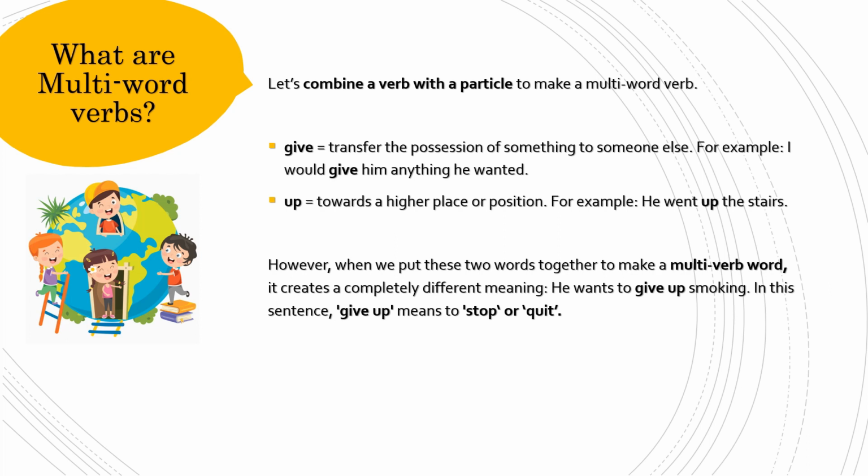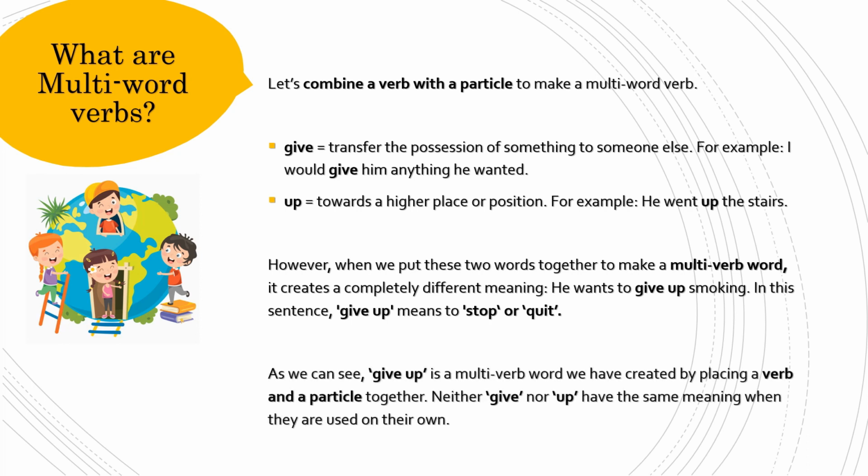For example, he wants to give up smoking. In this sentence, give up means to stop or quit. As we can see, give up is a multi-word verb we have created by placing a verb and a particle together. Neither give nor up have the same meaning when they are used on their own.